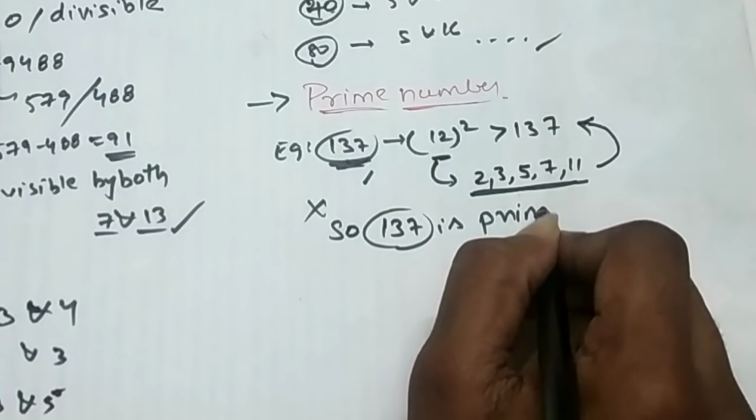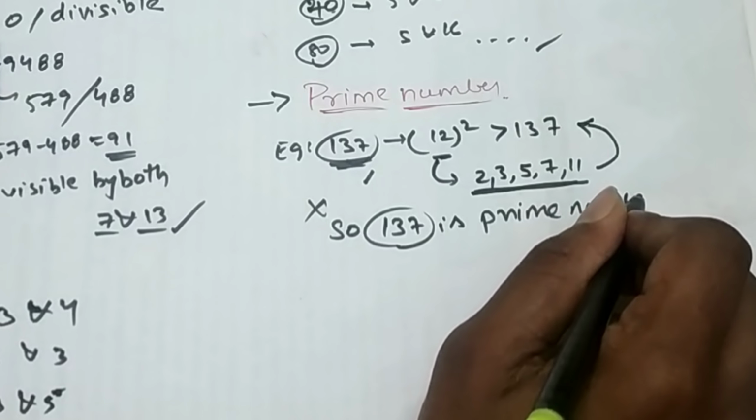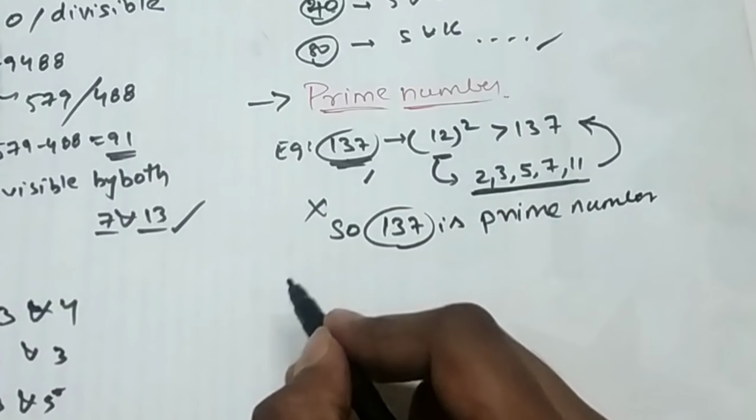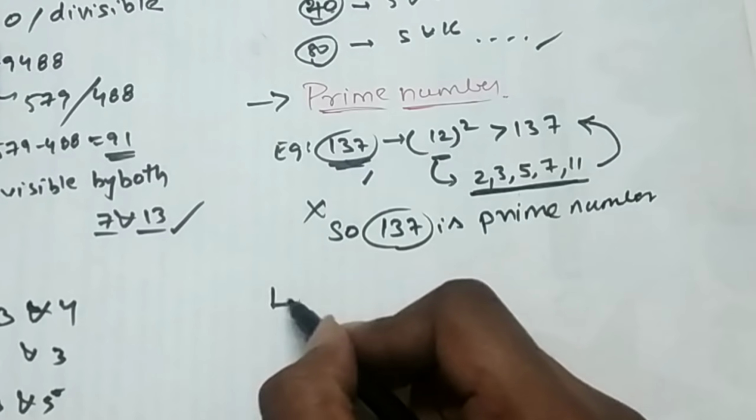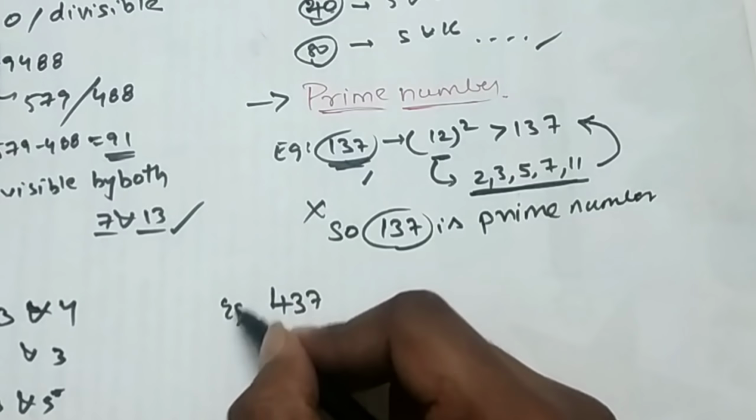Let us take another example. We will take 437.